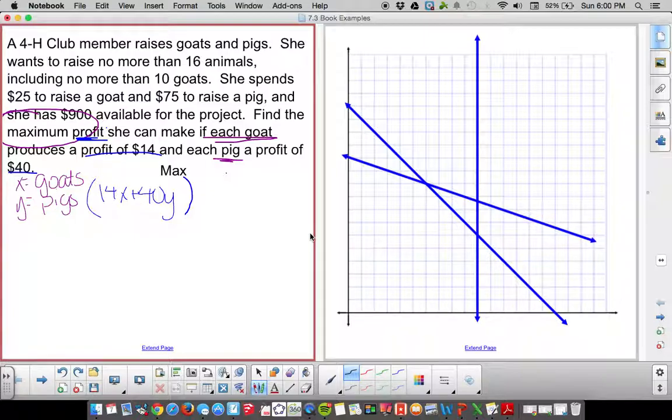So I know from the situation that she wants to raise no more than 16 animals.